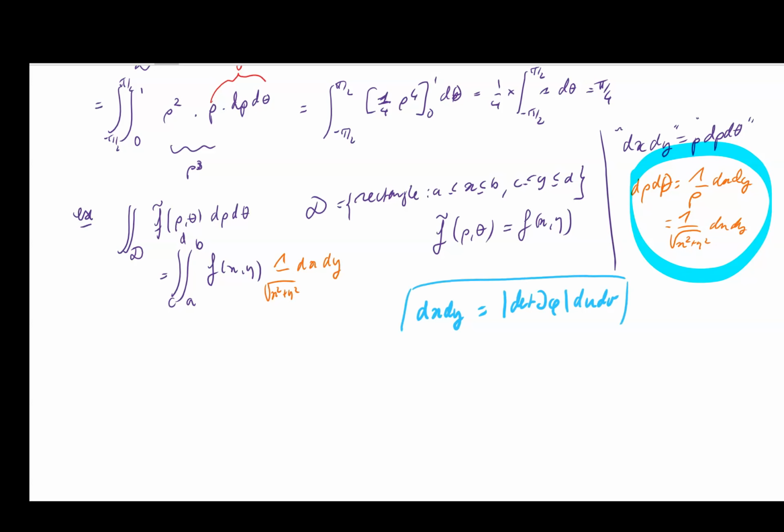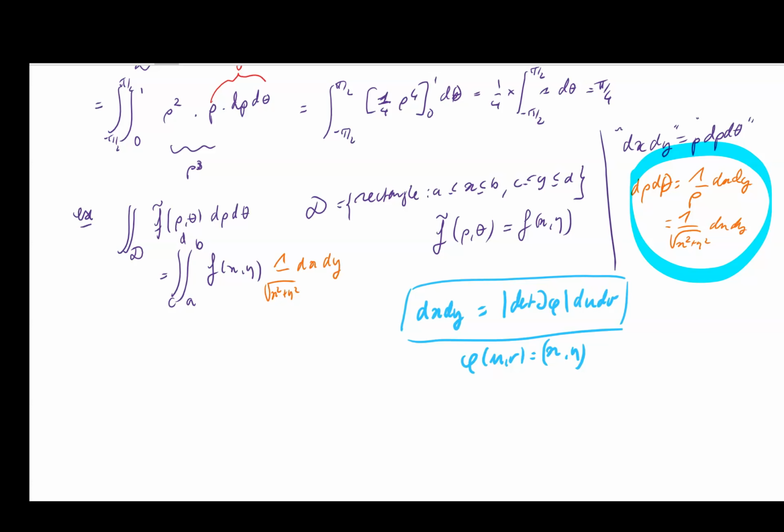That's the basic formula, where phi is the function such that phi of (u, v) is equal to (x, y). Okay, but the thing is that if you have it given, if you want the other way around, what does it mean?